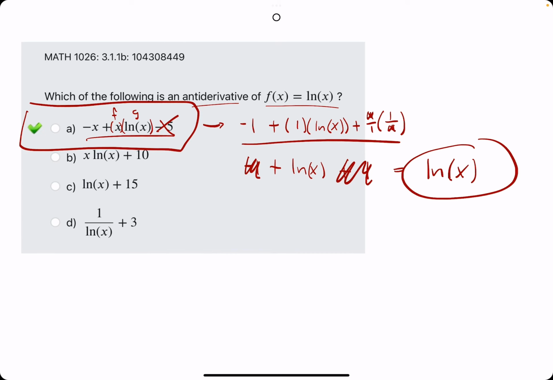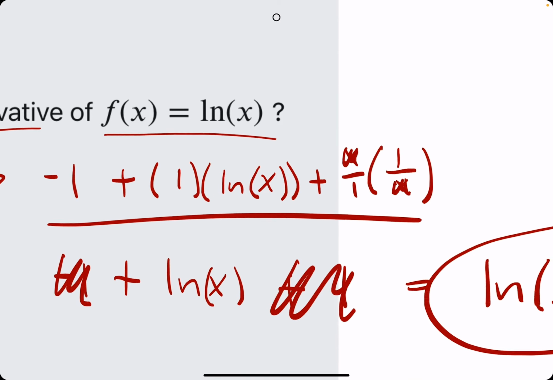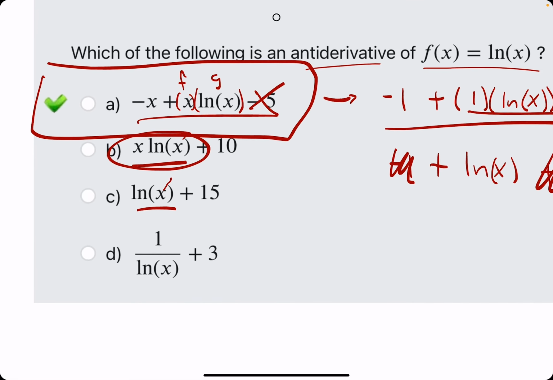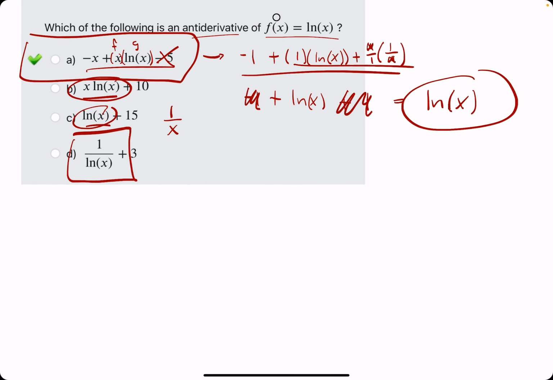So just for practice, I might go through maybe 2 more of these real quick. I did this derivative here, and ln of x, again, is just 1 over x. I guess just to mention this one, 1 over ln of x, in order to take the derivative of 1 over ln of x, you could either use quotient rule, or you could rewrite it as ln of x to the negative 1 power, because in the denominator it's basically being raised to the first power.